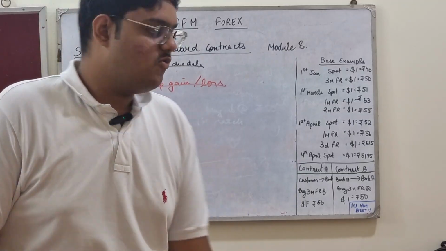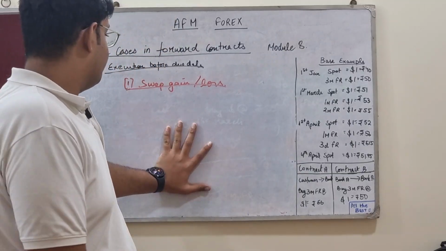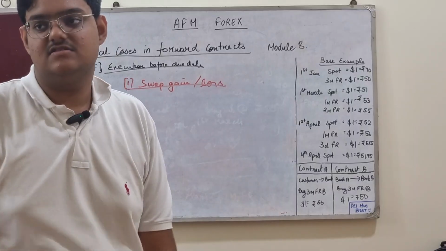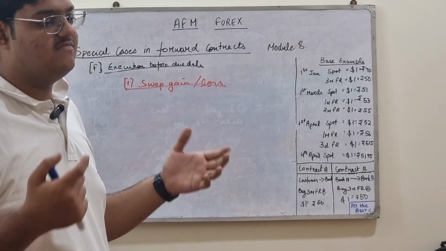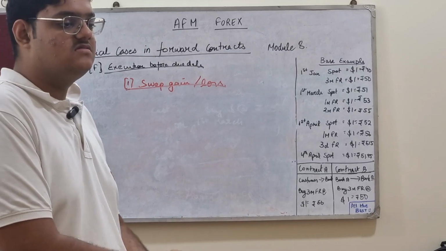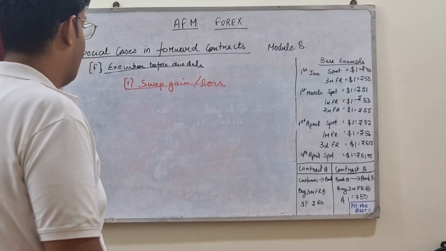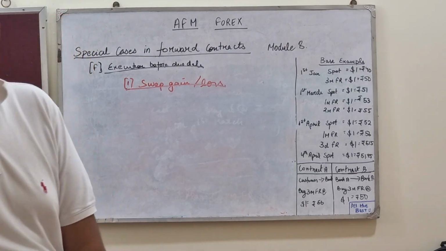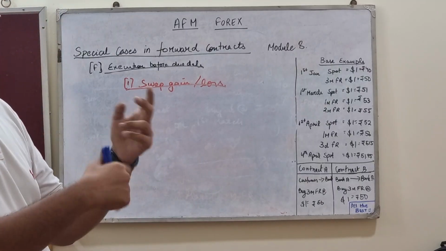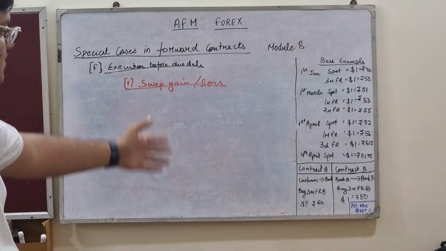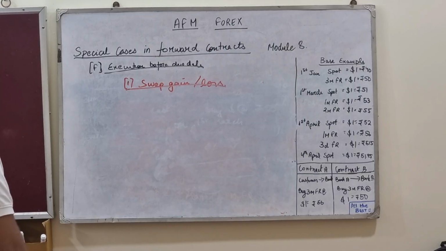Here, swap means two transactions that have been entered into at once to do something else. You can read the notes for that. But you're going to enter two different transactions, and the net loss or gain of that is basically swap gain or loss. So which two contracts?